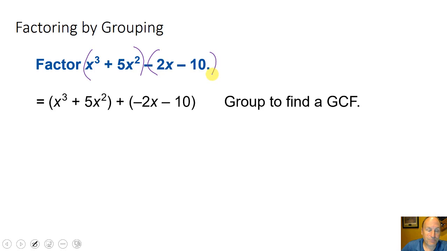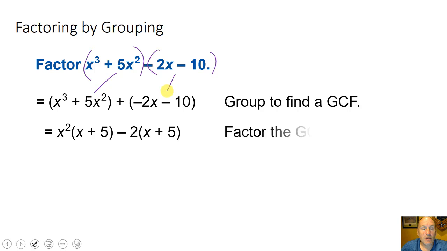In fact, we're taking that first group and that second group together, and we can pull out an x squared out of the first 2 terms, that first group. When we do that, we get x squared times the quantity x plus 5. And then in the second group, if we take out a negative 2, then we're left with negative 2 times the quantity x plus 5.